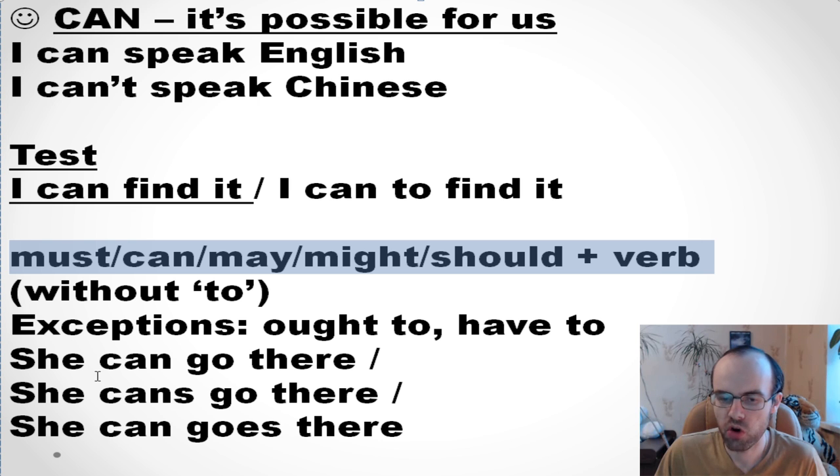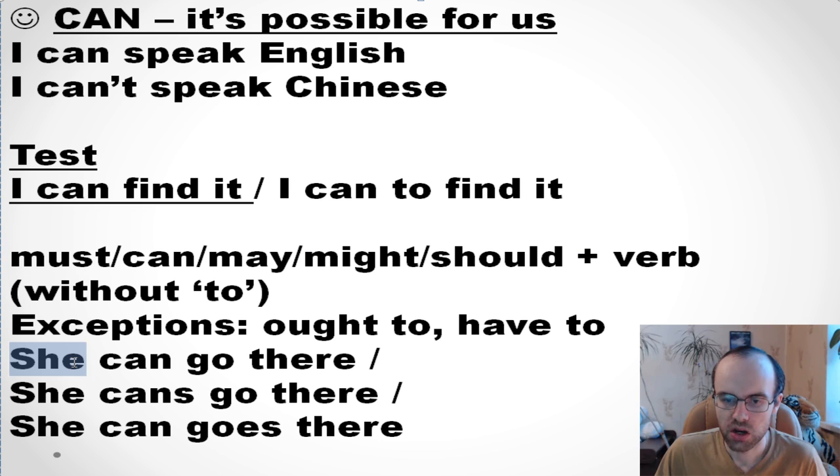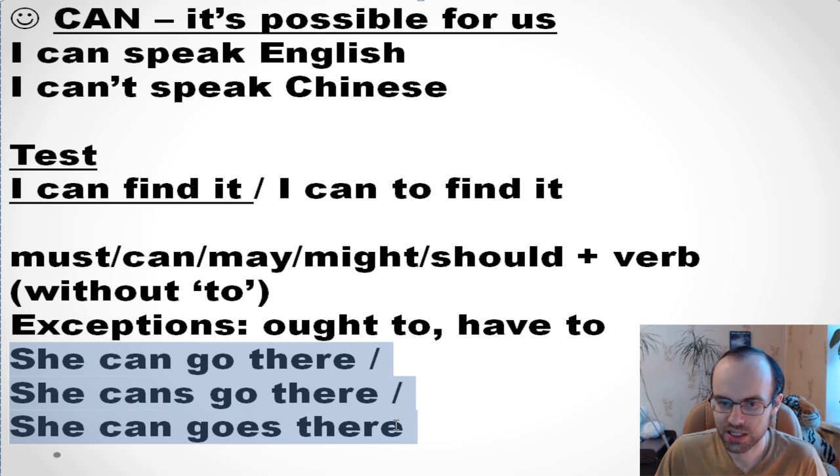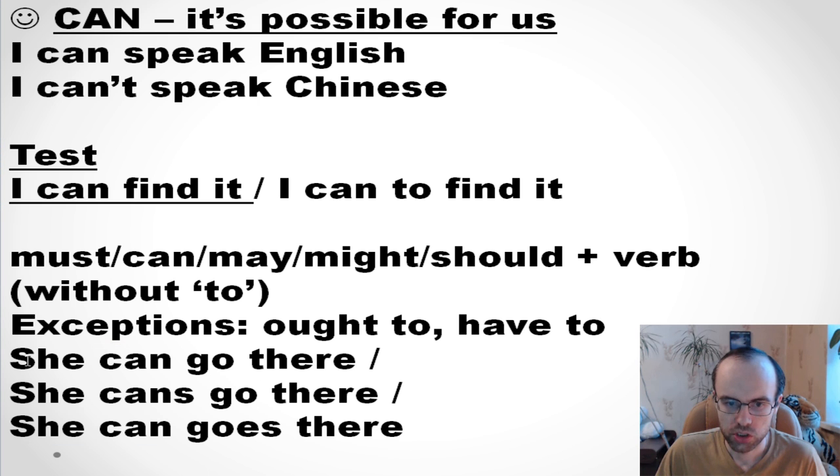Okay, my friends, more practice and more exercises for you. Which sentence is correct? You have some time. Please choose the right sentence. We say, she can go there.